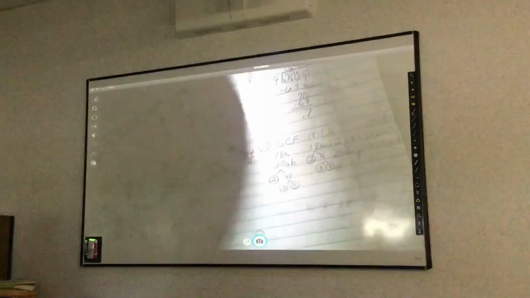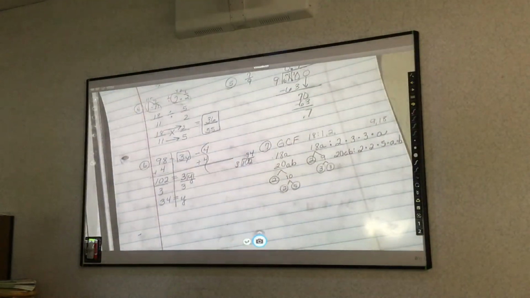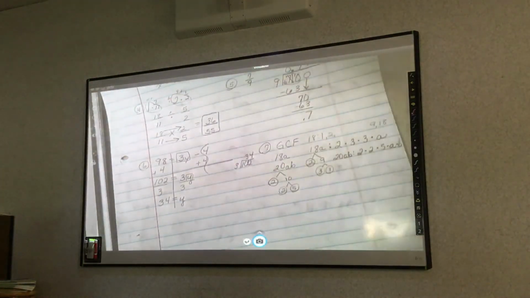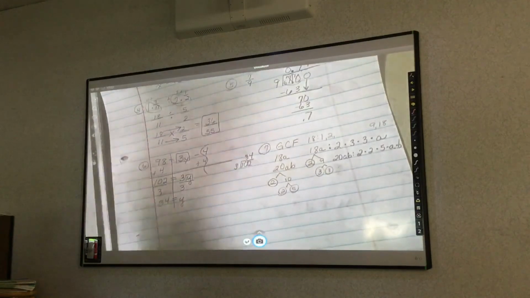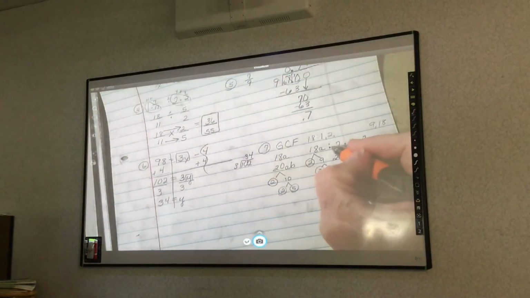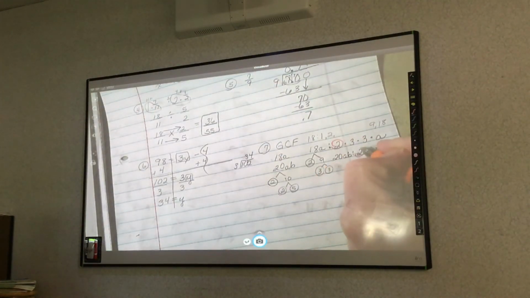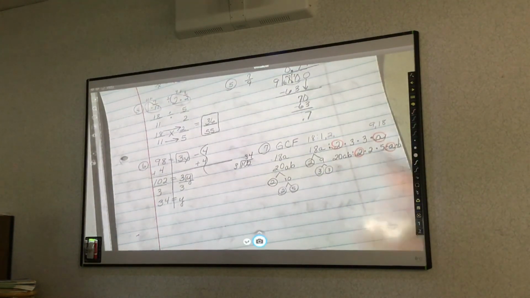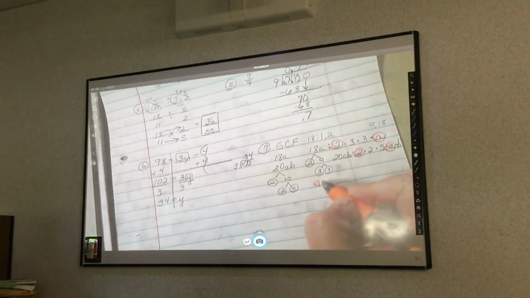Then I go back and circle the factors that I have in common. I have a 2 and I have an A. So the greatest common factor of those two terms would be 2A.